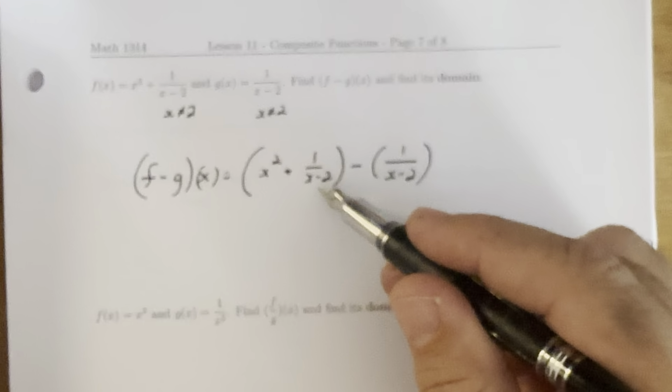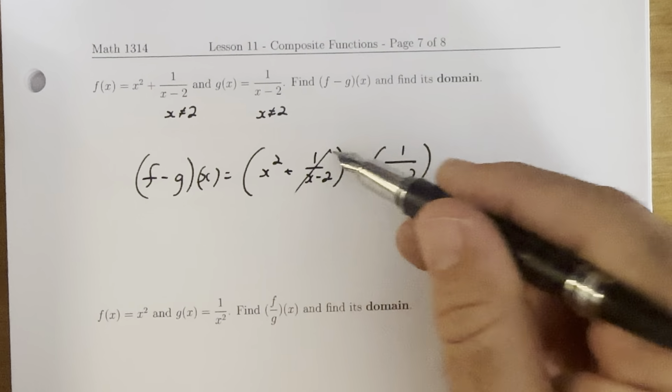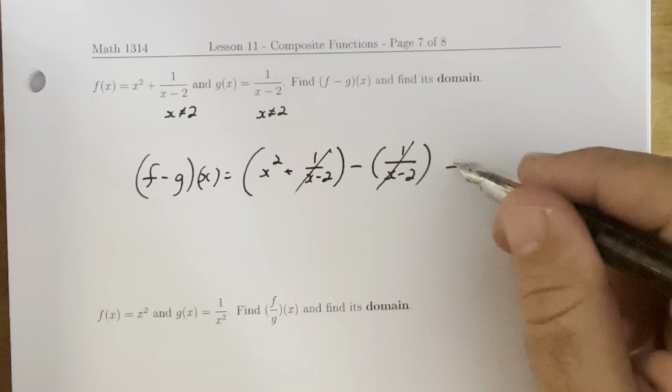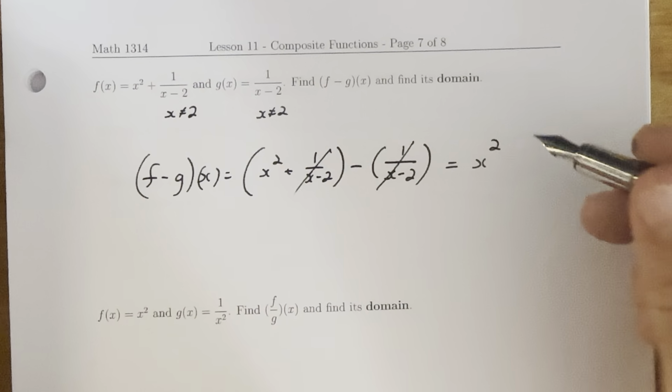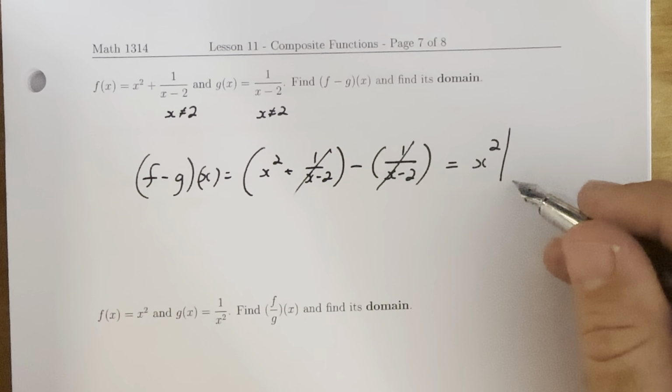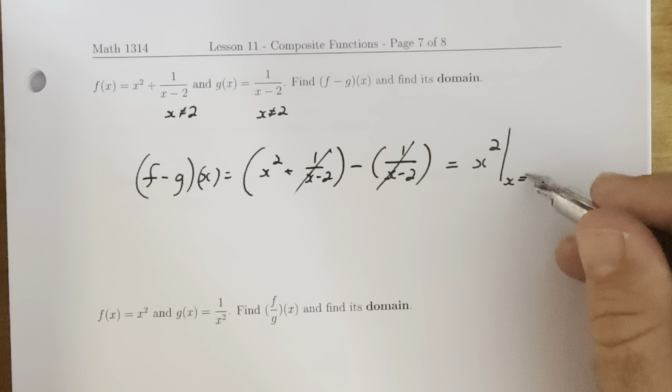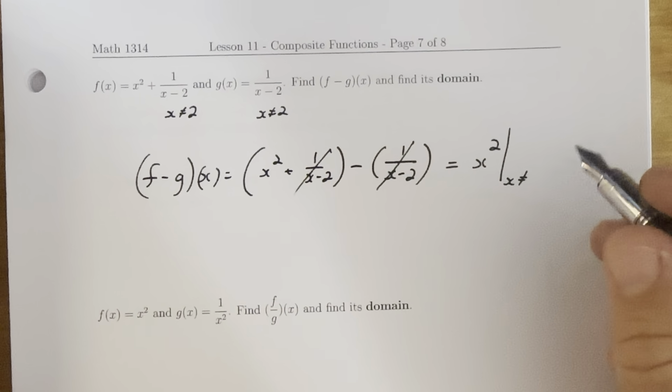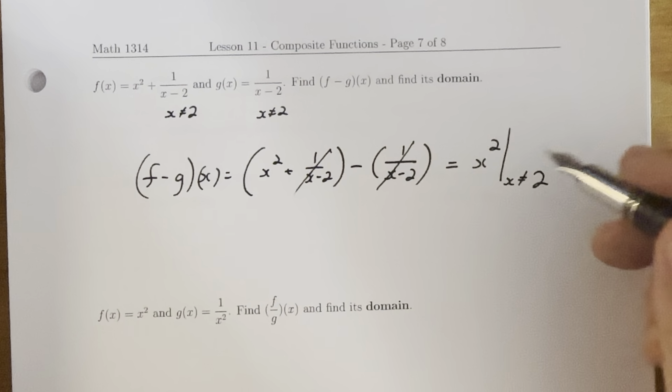So 1 over x minus 2 minus itself, that's 0, leaving us with x squared, just x squared, not so fast. We got to remember our domain restrictions. X cannot be positive 2.